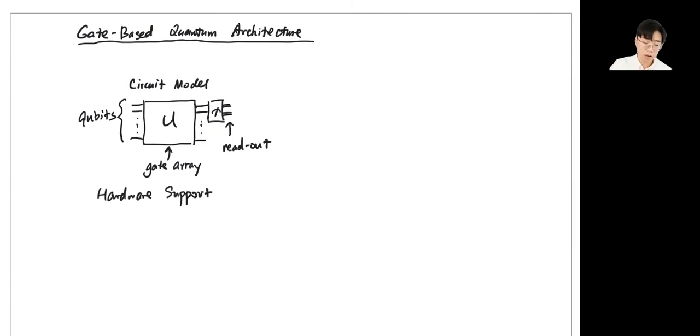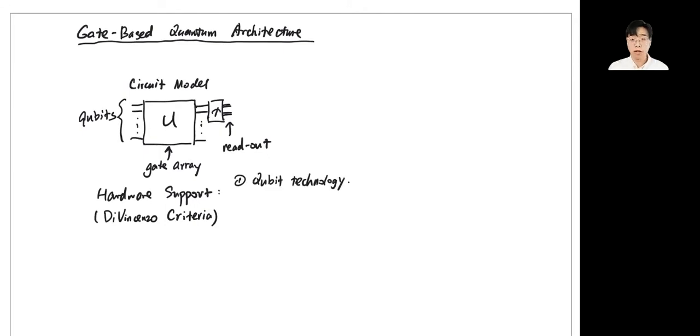This is also called the DiVincenzo criteria, named after David DiVincenzo. First, in terms of the quantum hardware, we need a well-defined qubit implemented in some technology. And we know today there are many promising candidates, such as superconducting circuits or electron or nucleus spins of an atom.